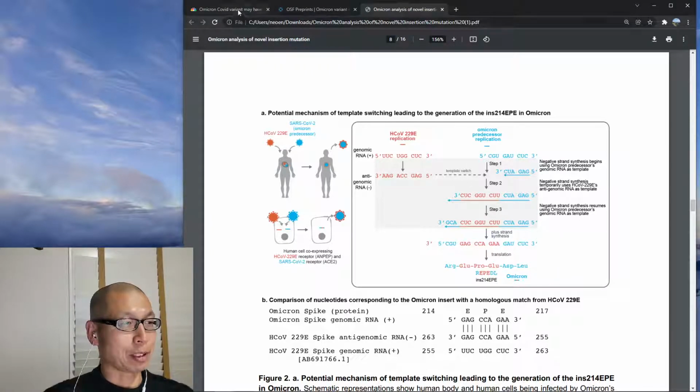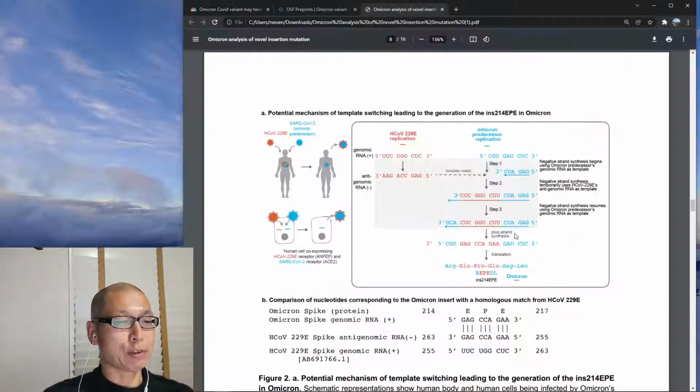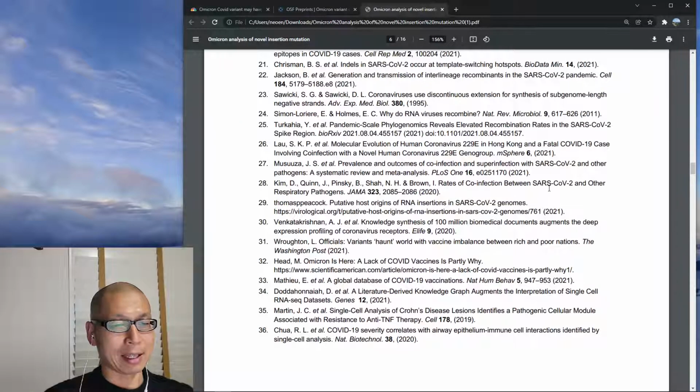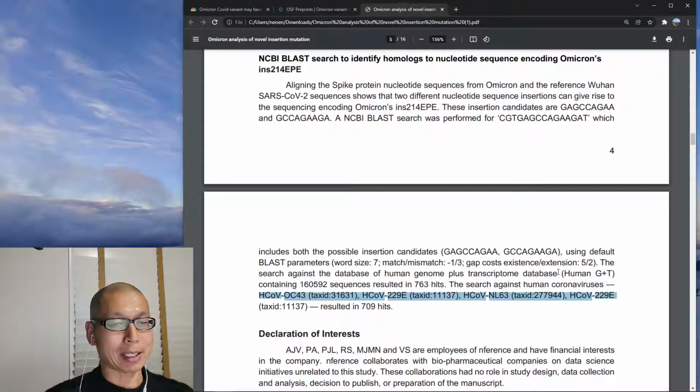So this point number 3 is kind of crazy. If you read their paper, they make no mention of anything like that, of saying that using this insertion sequence would make it seem more human. The idea is that the immune system would recognize this protein as self, and that's definitely probably not true.